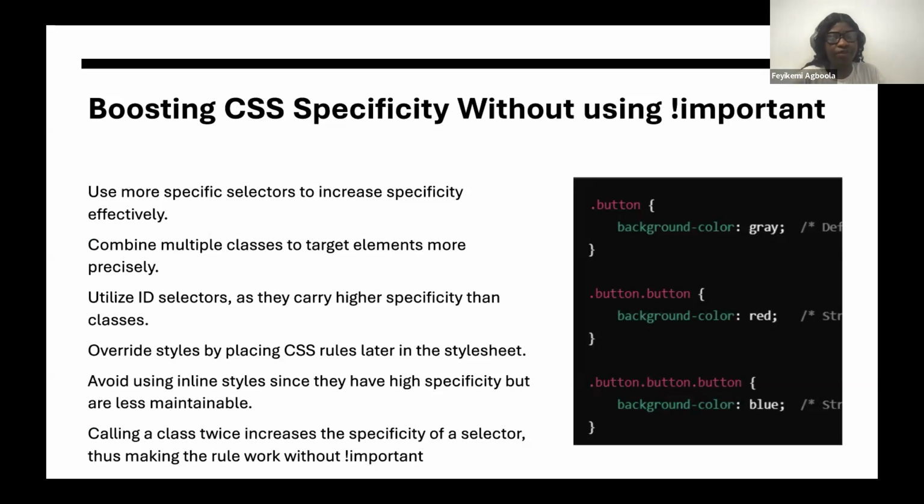Like if you have button, you can put button and button. This will increase the specificity of that particular element instead of using !important. Another thing I avoid is using inline styles, since they have high specificity but are less maintainable. Also, you can avoid having to target button in different places if it's not inside a media query.